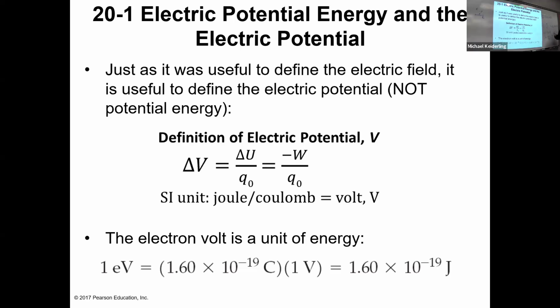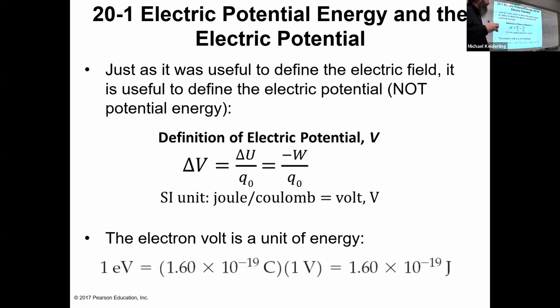There's also a unit of energy called an electron volt. An electron volt is 1 quantum of charge times 1 volt, and it's a useful unit of energy for describing energy at the scale of particles. So it gets used a lot in particle physics, or talking about molecular stuff.